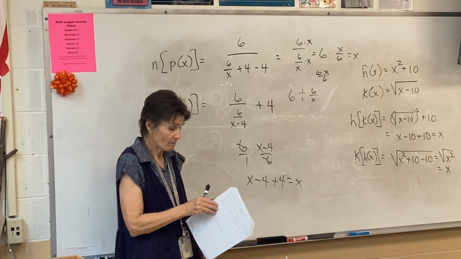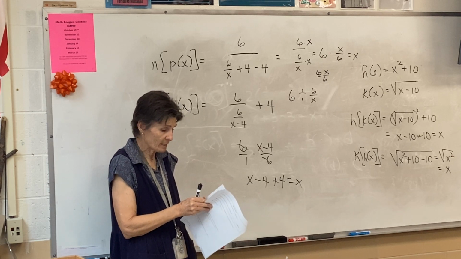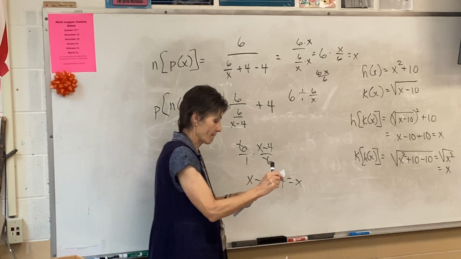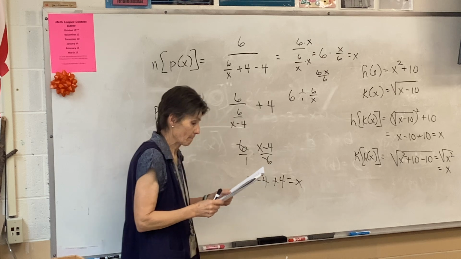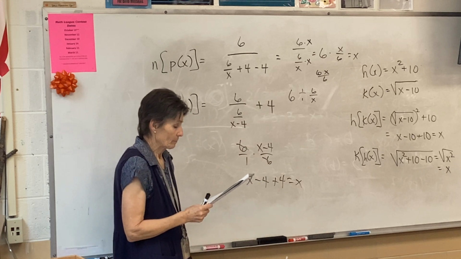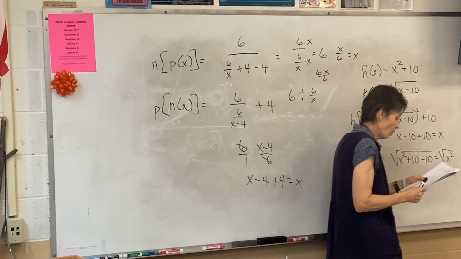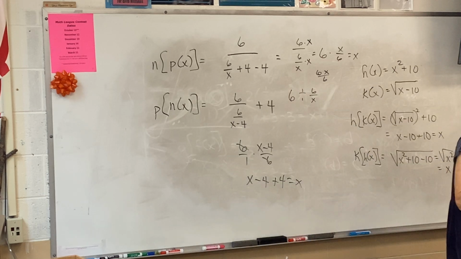All right, so let's go to the back of the next page, check your understanding. Number one, based on the table, do you know what G inverse of 12 would be? Now think about that for a second.